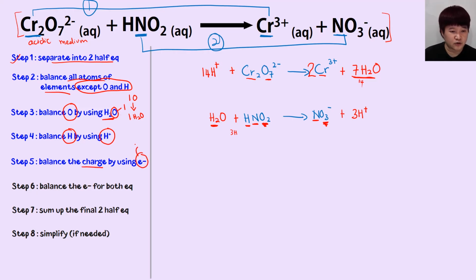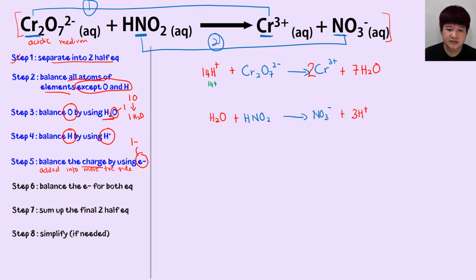Next step, we are going to balance the charge by using electrons. We know that an electron carries one negative charge. Therefore, electrons must always be added into the more positive side. So how do we work it out? First and foremost, we need to find the charge on the reactant and on the product. On the reactant for your first half equation, 14 H+, so I will have 14 positive.